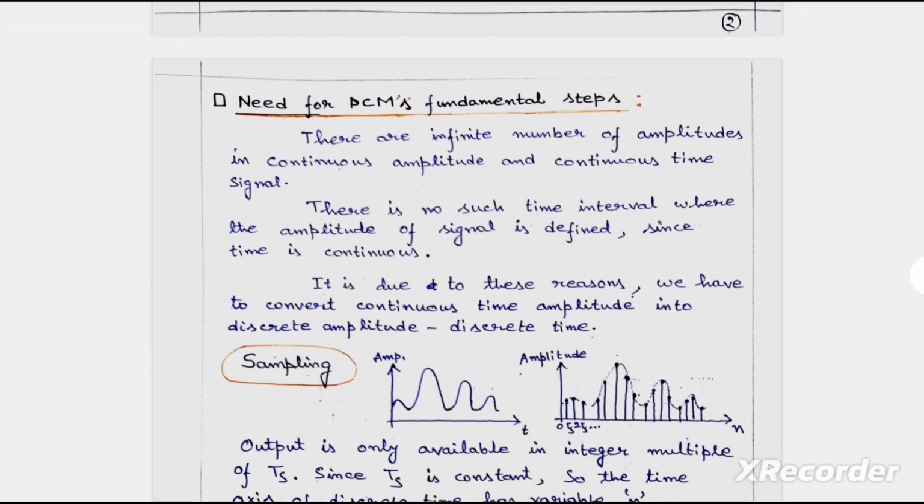Now, the need for PCM's fundamental steps. There are an infinite number of amplitudes in a continuous amplitude and continuous time signal. There is no such time interval when the amplitude of the signal is defined, since time is continuous.